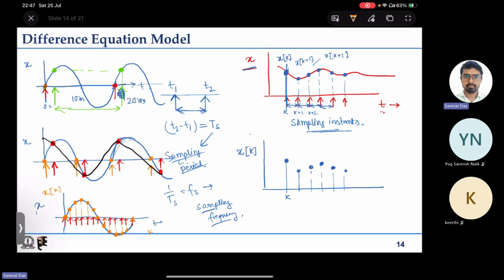So the information is, when you are sampling a continuous time signal and going to the discrete time signal, your sampling frequency has to be high enough. Typically there is something called the Nyquist criteria that tells that whatever is the highest frequency of the signal of interest, the sampling frequency at least has to be twice the highest frequency. That is also known as the Nyquist criteria.